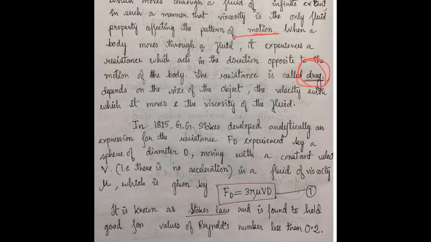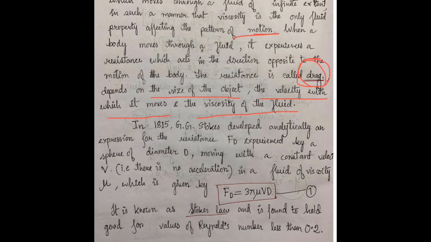So this is the Stokes law: Fd equal to 3 pi mu V d, where V is the constant velocity, that means there is no acceleration, in a fluid of viscosity mu, and D is the sphere diameter.